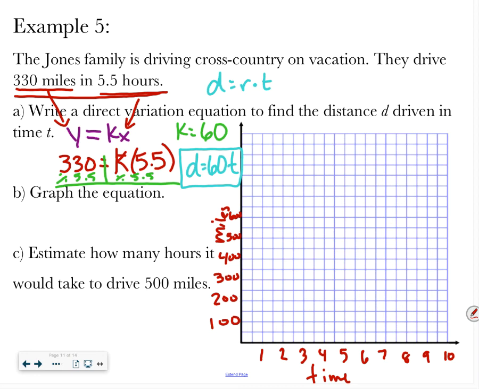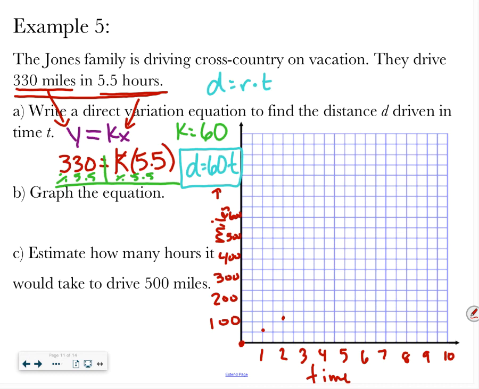If I want to graph this, at 0 time, no time has passed, we haven't made it anywhere. After 1 hour, we will have made it 60 miles, right? Because we plug 1 into our equation. After 2 hours, we will have made it about 120. It's going to be up in here.